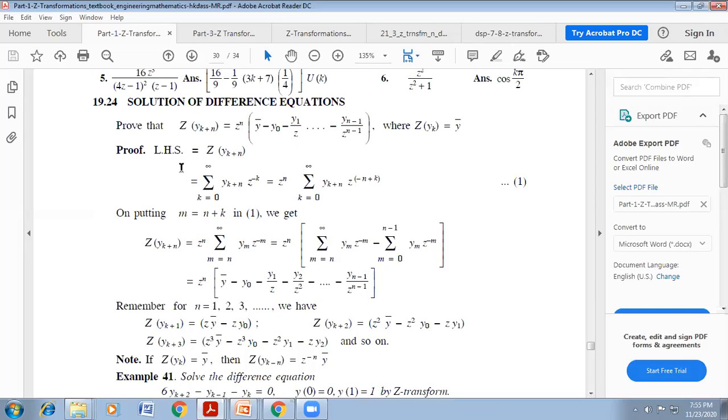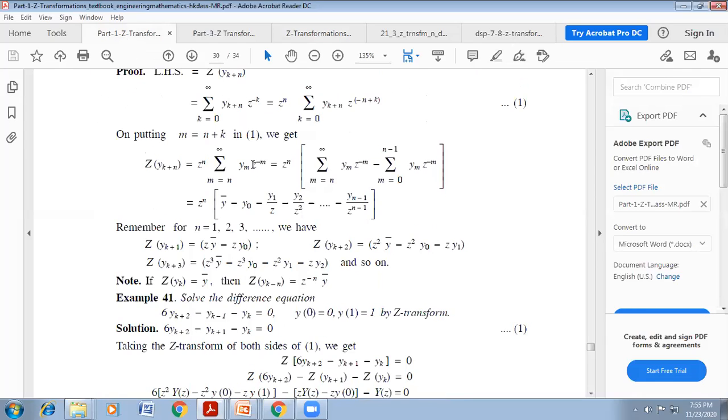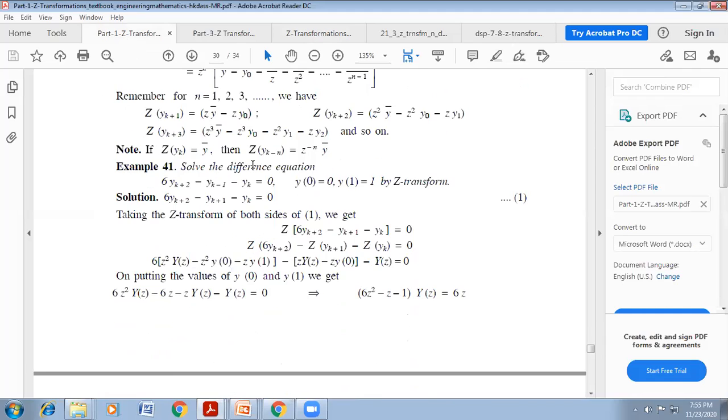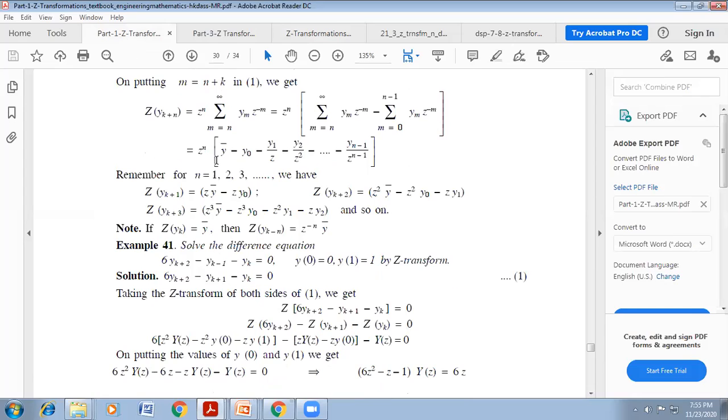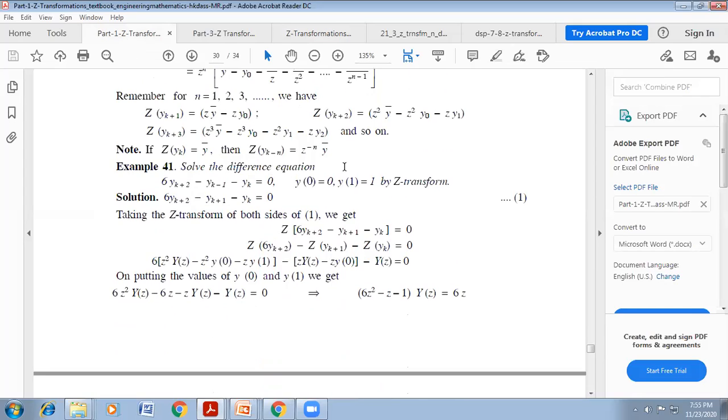Now I have given you this lecture sheet, solution of difference equation. How to solve a difference equation. There is an example. Solve the difference equation 6 yk plus 2 minus yk plus 1 minus yk equals 0.